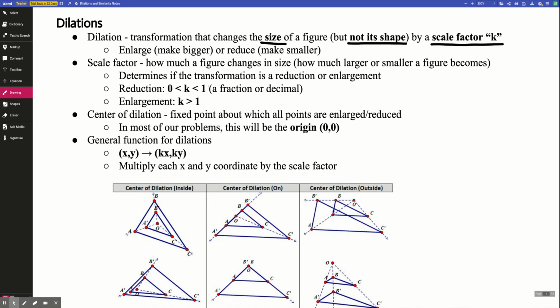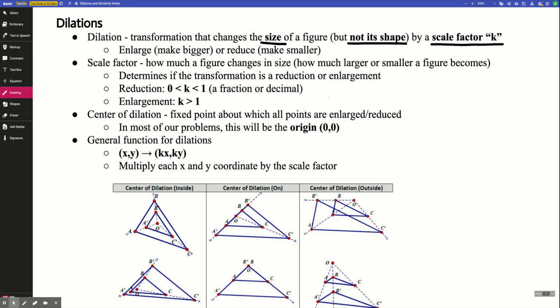The actual number will tell us if the dilation is a reduction or an enlargement. An enlargement happens when k is greater than 1. So when the scale factor is greater than 1, that would be like twice as big or 1.5 times as big, etc.